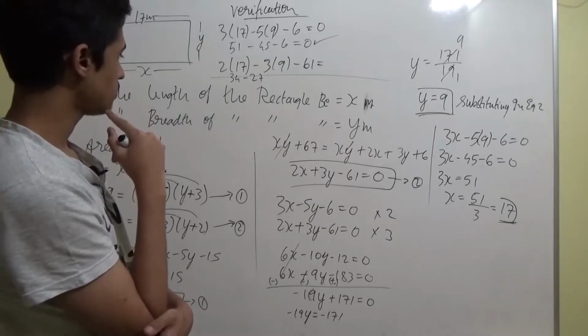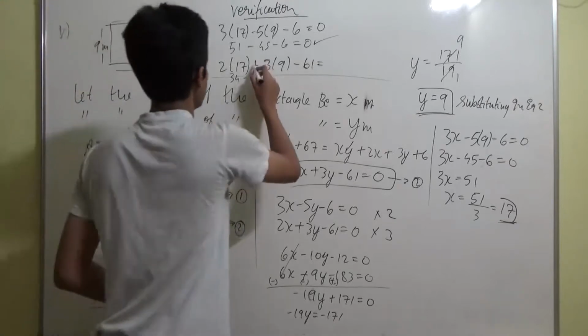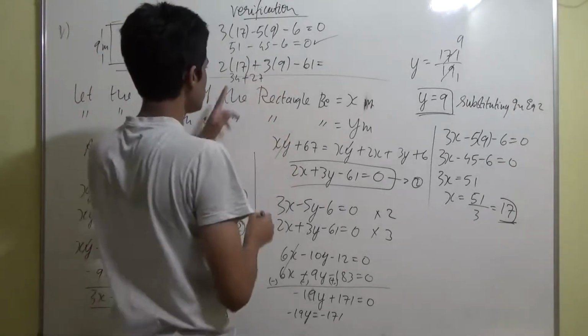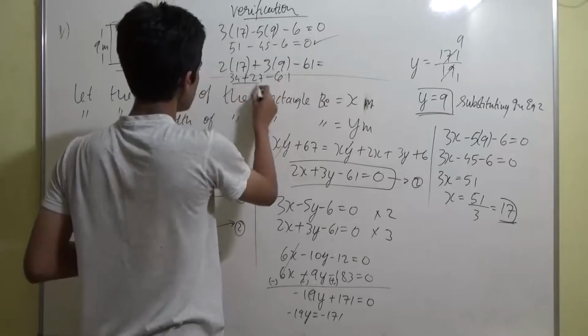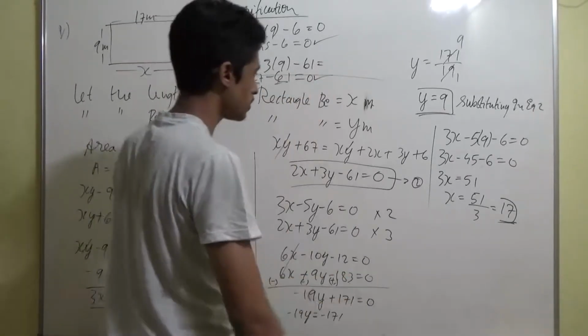Just a minute, guys. There's some confusion here. Okay, it's plus here. The sign I didn't see. So 34 plus 27 minus 61. So this becomes plus 61 and this is minus 61. It becomes equal to 0. Hence even this one is verified.